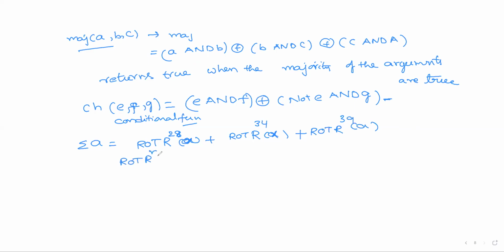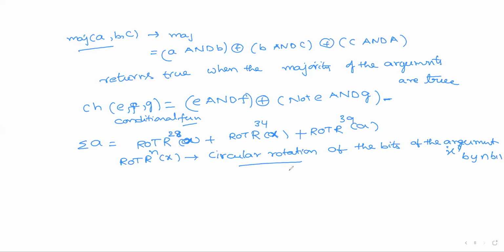ROTR power n of x represents circular rotation of the bits of the argument x by n bits.